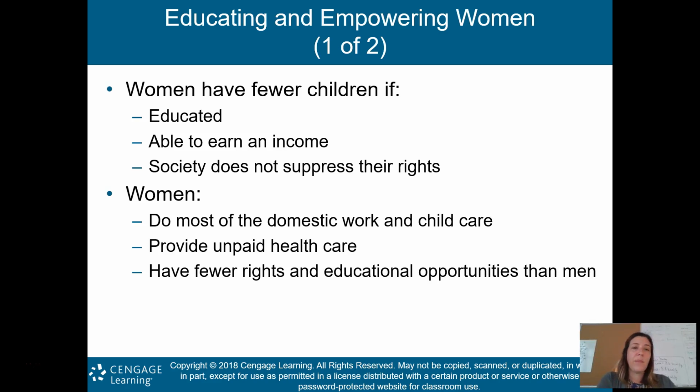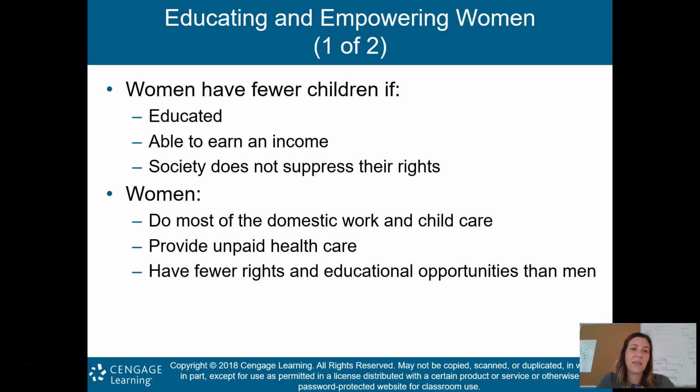And so the idea being that less educated women have many more children than more educated women, right? So when a woman is able to work outside, to earn her own money and to make decisions about her own fertility, this works to slow population growth. In general, women decide to have fewer children.